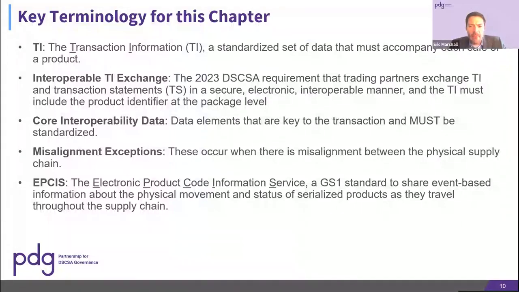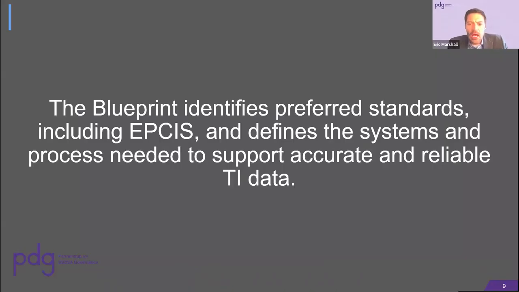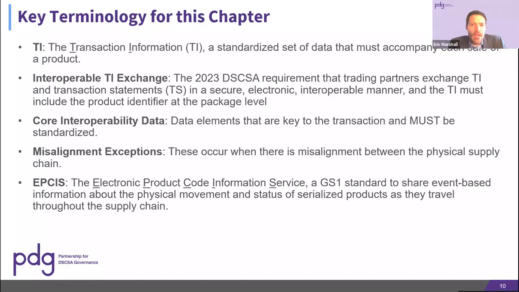If we can jump back up to slide 9. The blueprint then really focuses on identifying those preferred standards, including EPCIS, and defines those systems and processes that are needed to support accurate and reliable TI data.